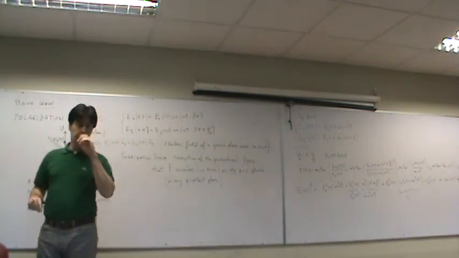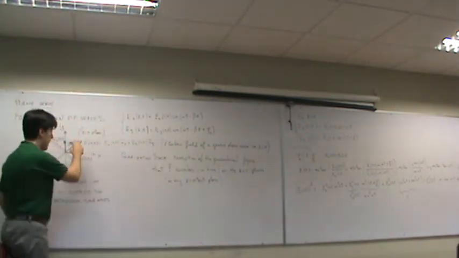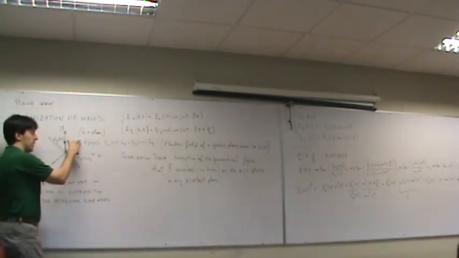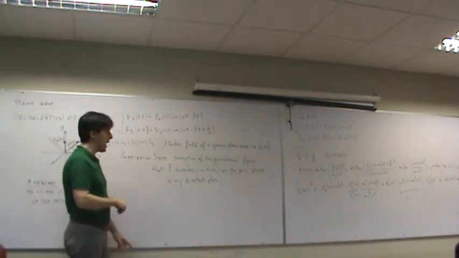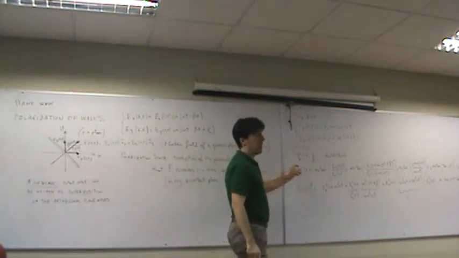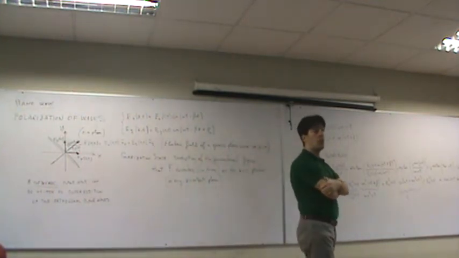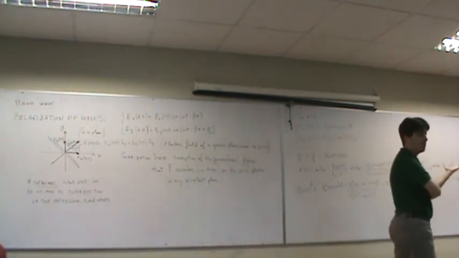So the absolute value of the electric field is constant, but its direction rotates in time. What is the geometrical figure? A circle.